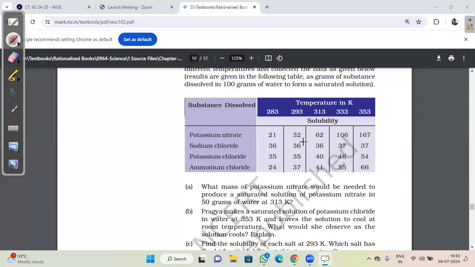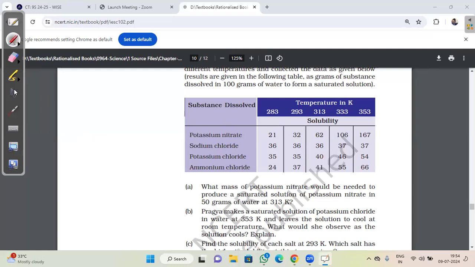Or you can say the solubility is 32 grams per 100 grams of water, which is one tenth of a liter. So you can write it as 320 gram per liter, 360 gram per liter, 350 gram per liter, or 370 gram per liter.